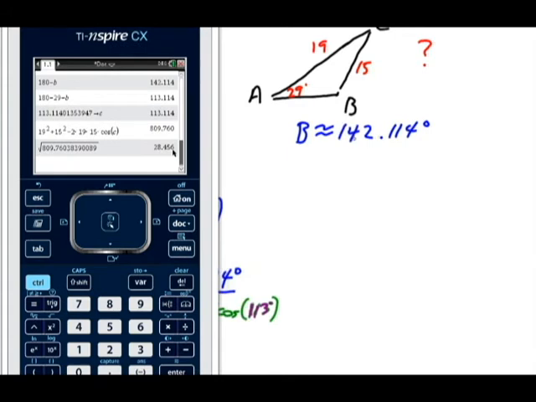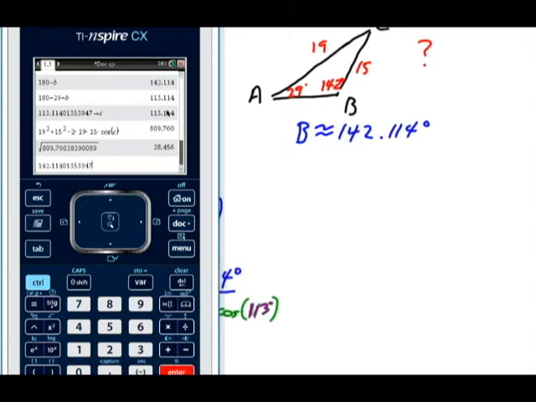Now we look at case 2. In case 2, we found that the obtuse angle B could be 142, roughly. So our first task is to find angle C. Actually, I think the first task I want to do is store the new angle B so that we can use that shortcut again.